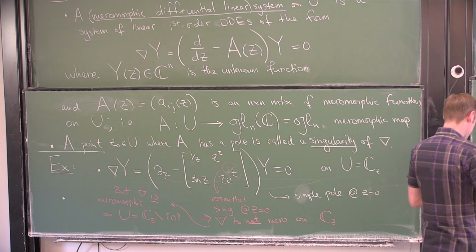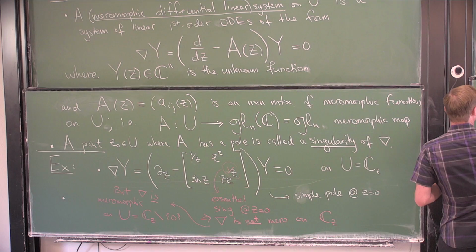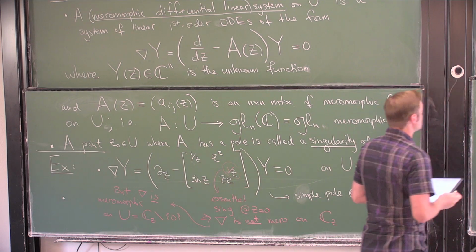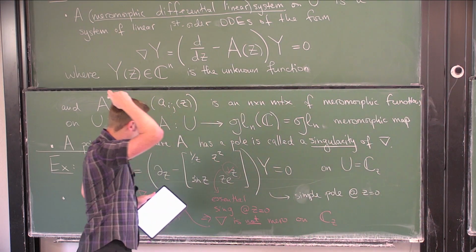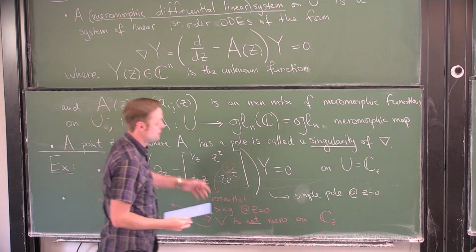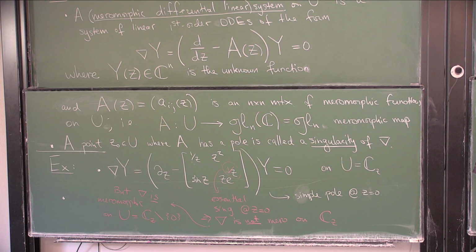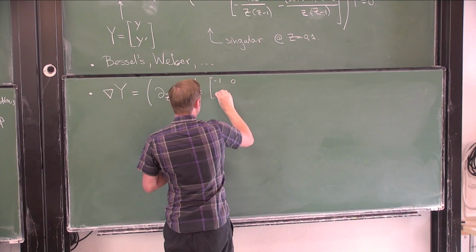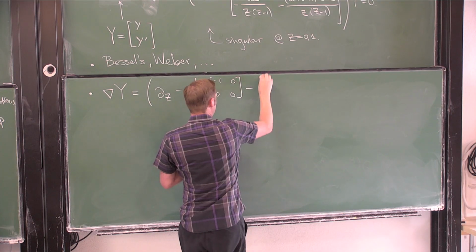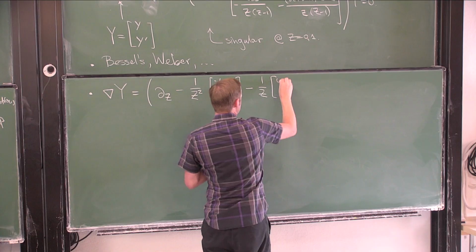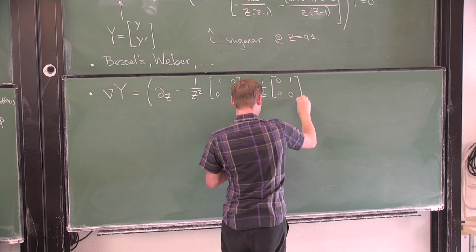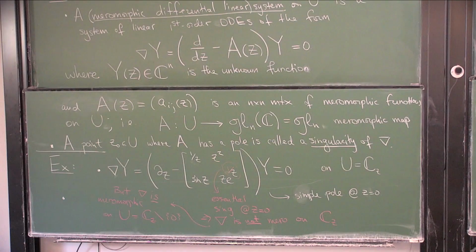Okay, let me give you one more example. So far we've just seen poles of order 1. Let me give you an example of a pole of order 2. So here's a system, z squared minus 1, 0, 0, 0, 0, 1, 0, 0, 0.